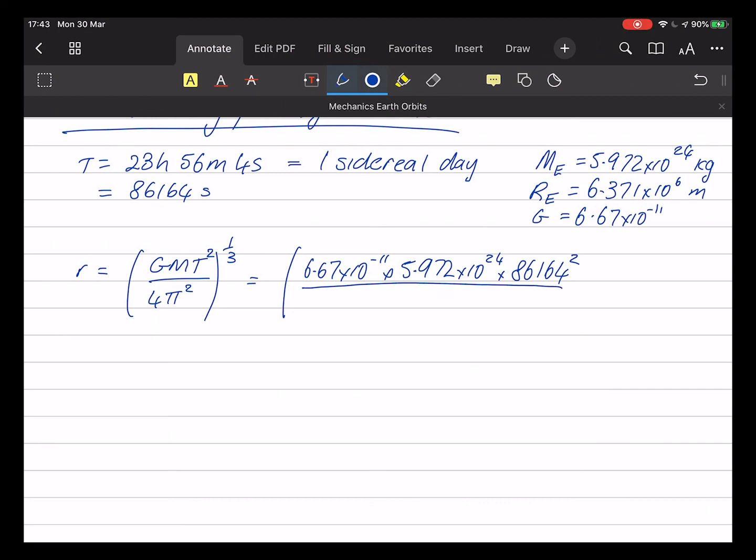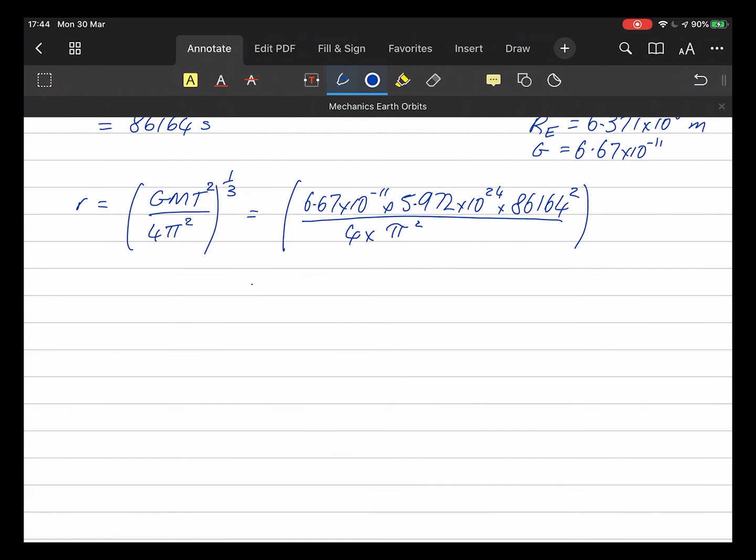And 4 times pi, let's not show off now, 4 pi squared. And that'll give you about 4.22 by 10 to the 7 meters, right?